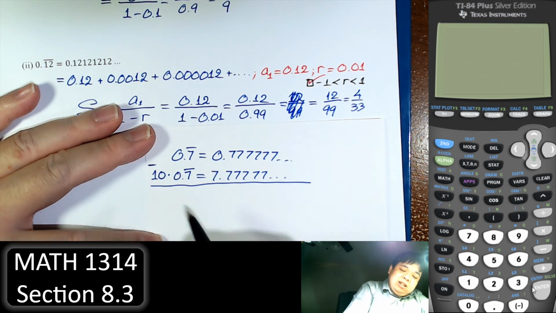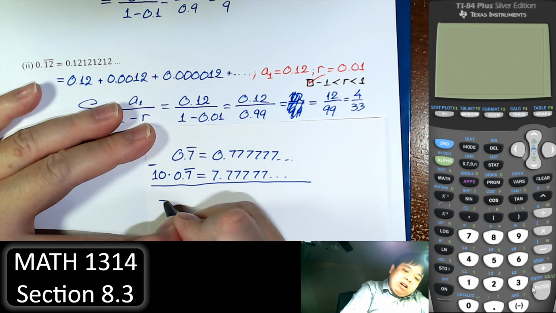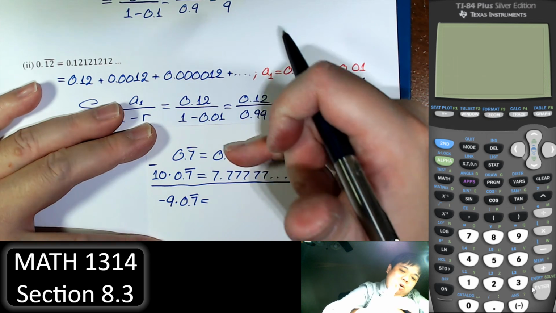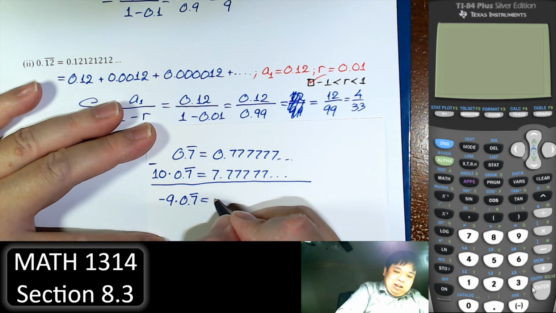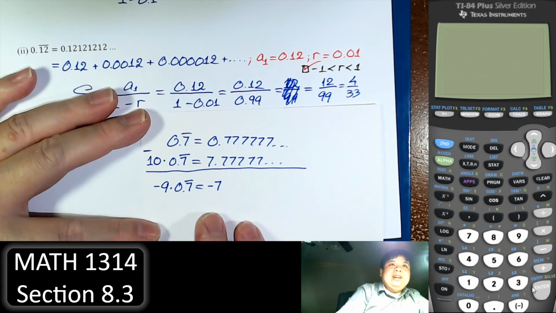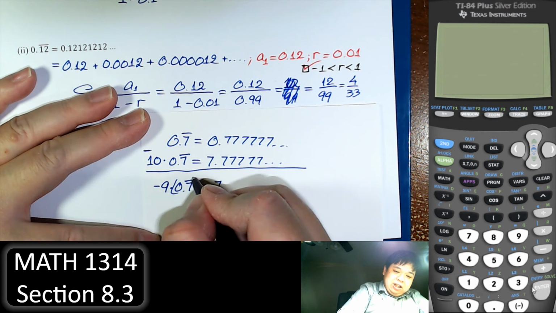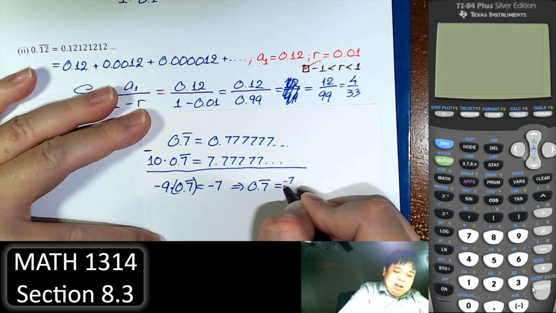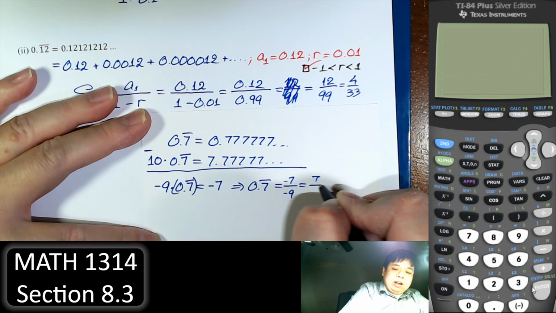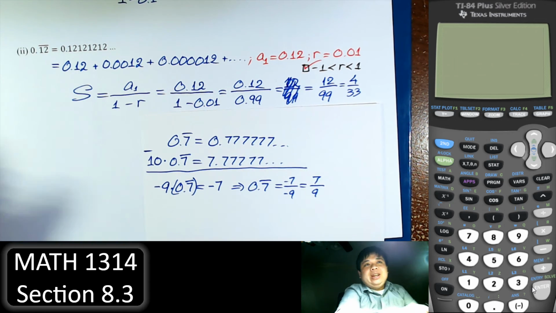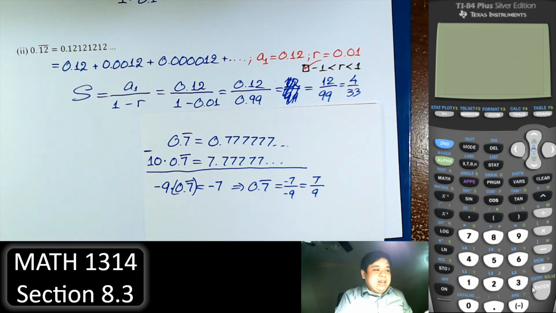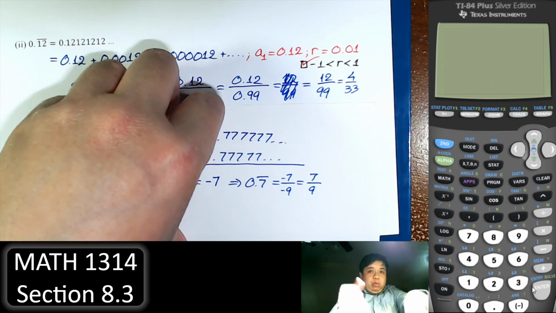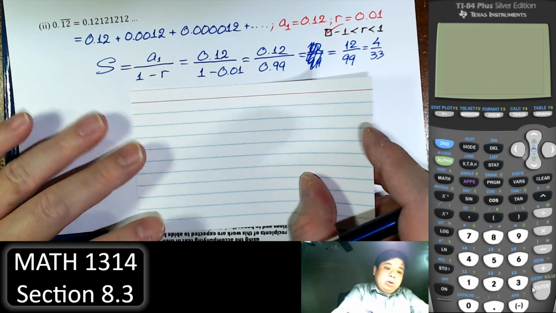If we subtract, we have negative 9 times 0.7 on one side, and on the other side all the decimal places cancel out, so we have negative 7. Solve for it: 0.7 repeating is negative 7 over negative 9, or 7 over 9. That, of course, is similar to what we did for the proof, and we don't use any formula.